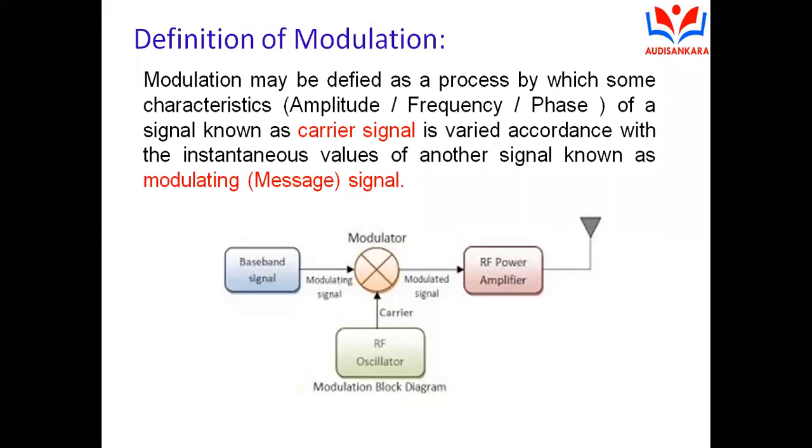Otherwise, the carrier wave is varied in accordance with the instantaneous amplitude of the message signal. For the definition of the amplitude modulation, you say the amplitude of the carrier wave is varied in accordance with the instantaneous value of the message signal. For frequency modulation, you say the frequency of the carrier wave is varied in accordance with the instantaneous amplitude of the message signal.